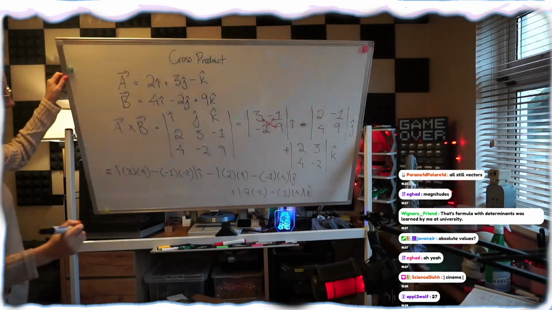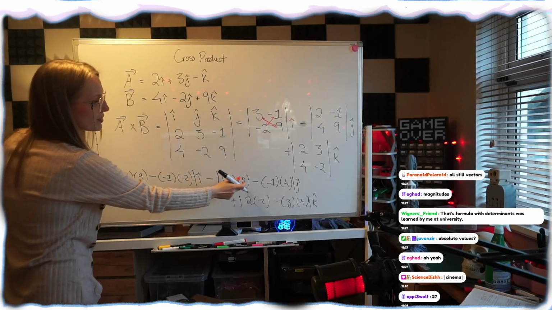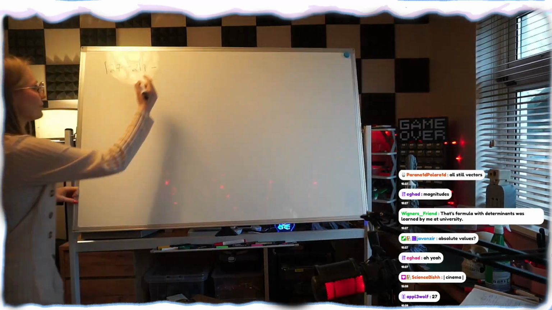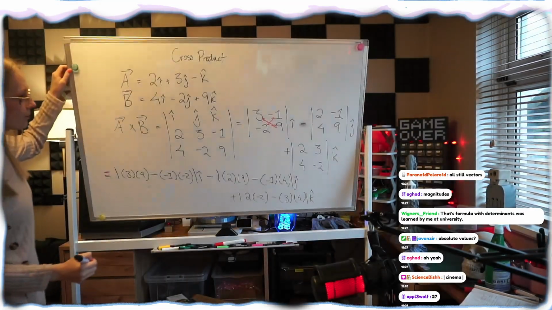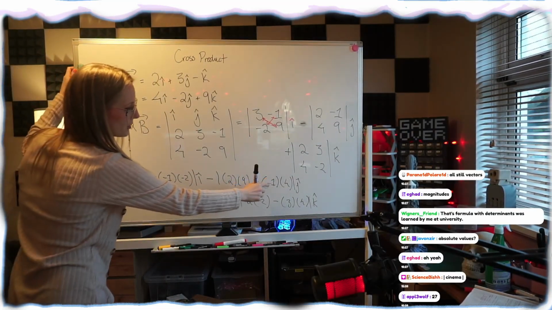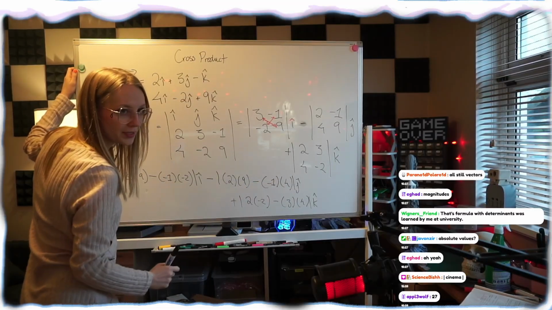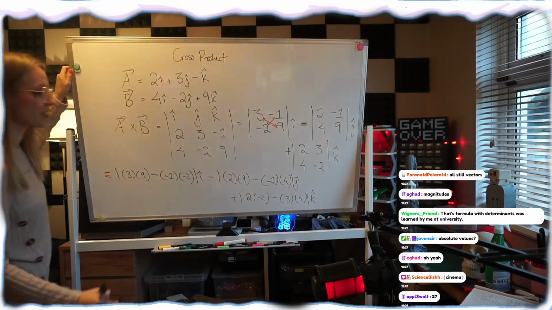Okay. 2 times 9 is 18. -1 times 4 is -4, with another minus sign, plus 4.